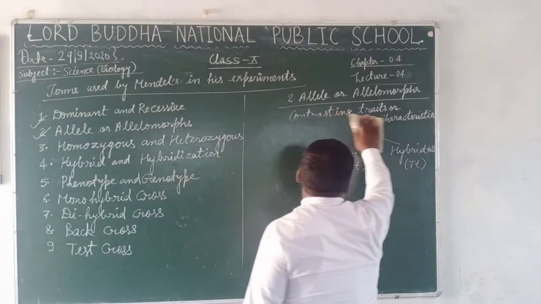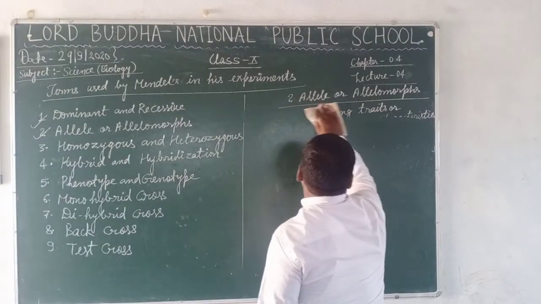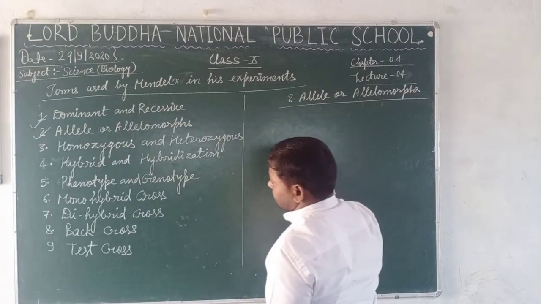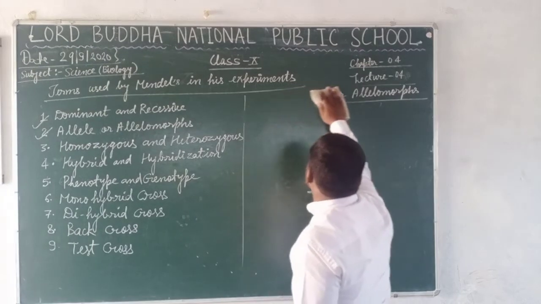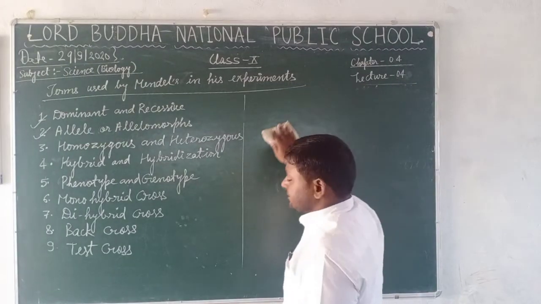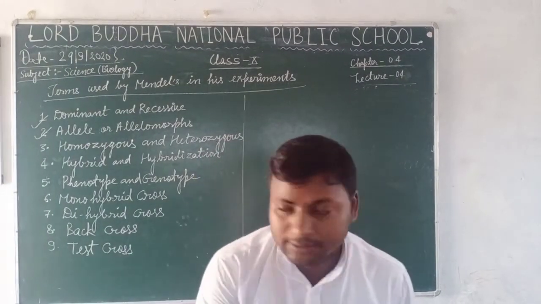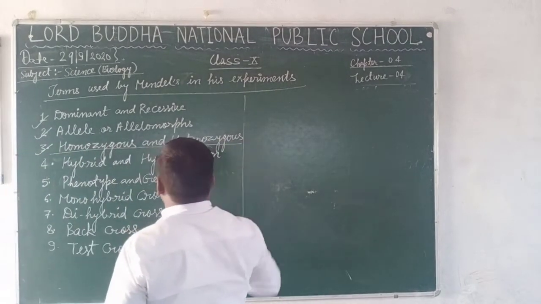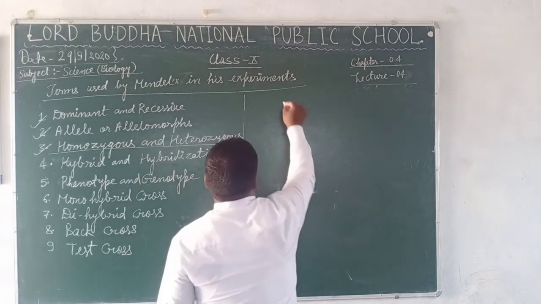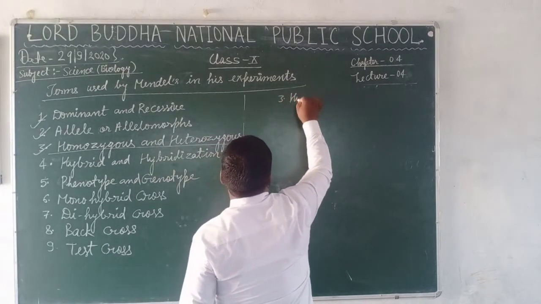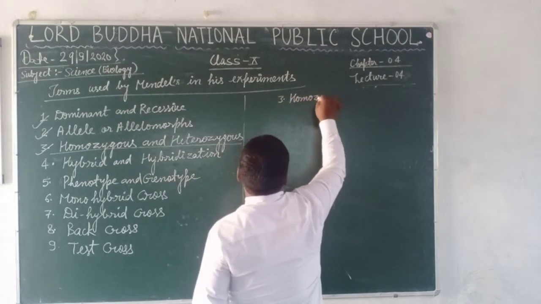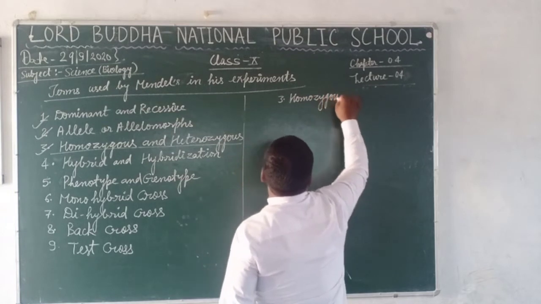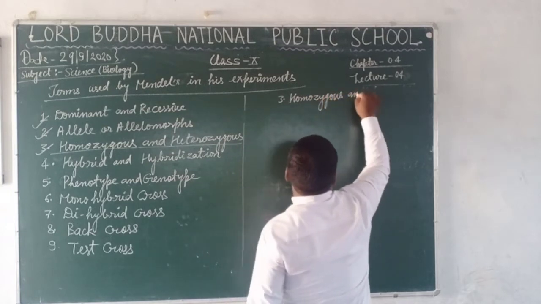Next, we are going to discuss the third term used by Mendel in his experiment, that is homozygous and heterozygous.